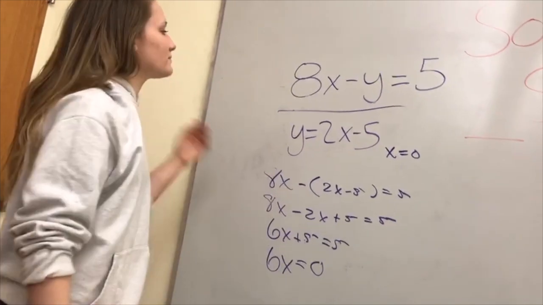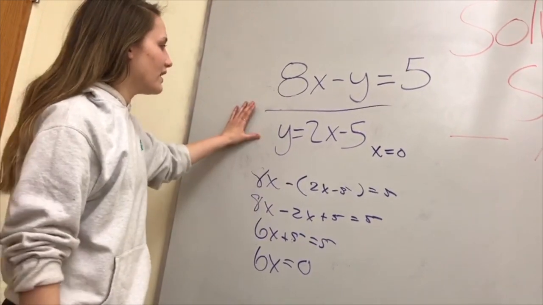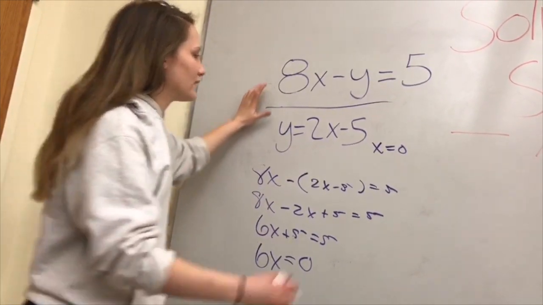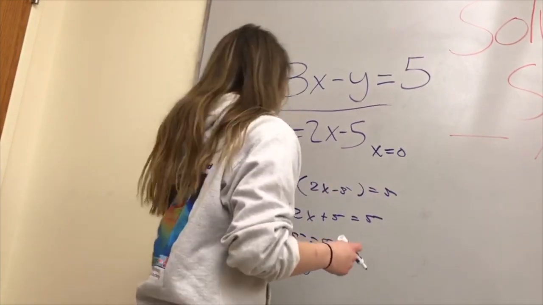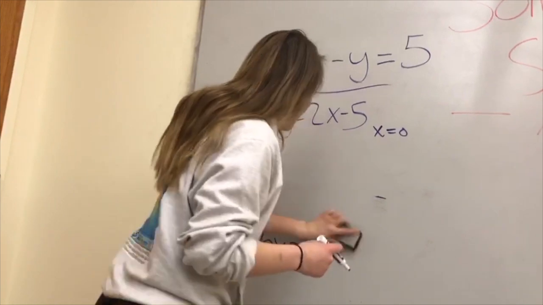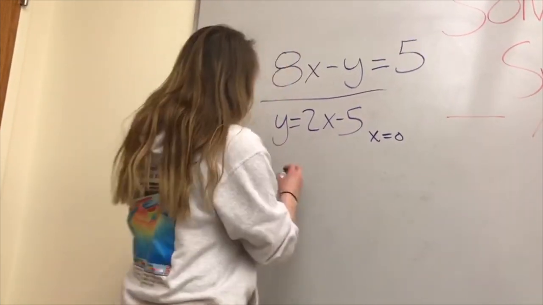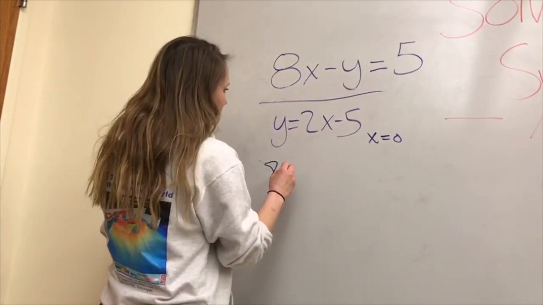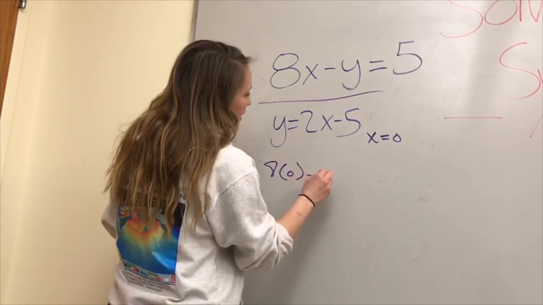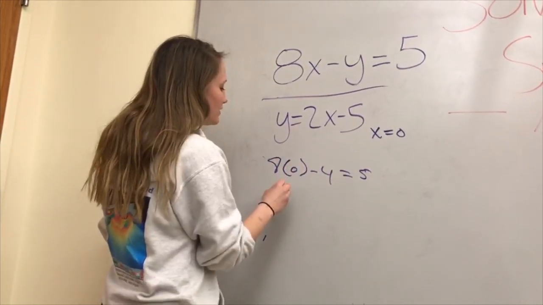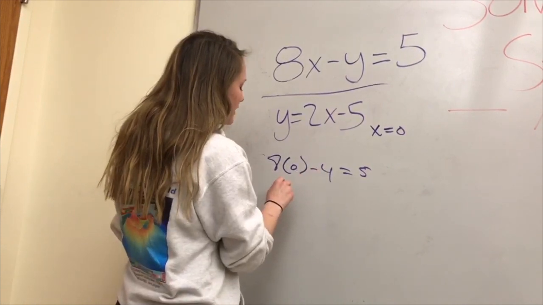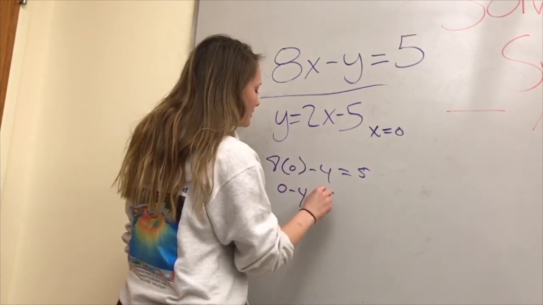So next we're going to plug in x into either one of these equations. So let's do the top one again. So 8(0) minus y equals 5. So 8 times 0 is 0. So 0 minus y equals 5.